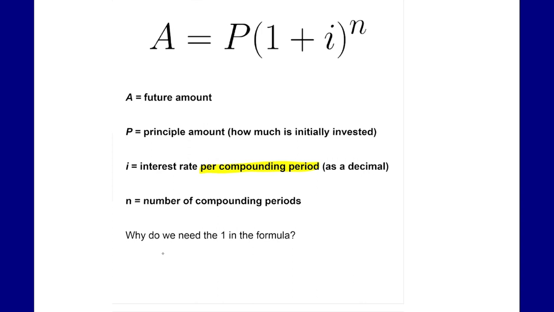So the reason we have the 1 is because this adds interest gained to the principal amount. If we just had the i value and not the 1, we would essentially be finding what is a certain percent of a value. But because it's a growth, we have to add it to our principal, our starting amount. So that's why we have the 1 there.